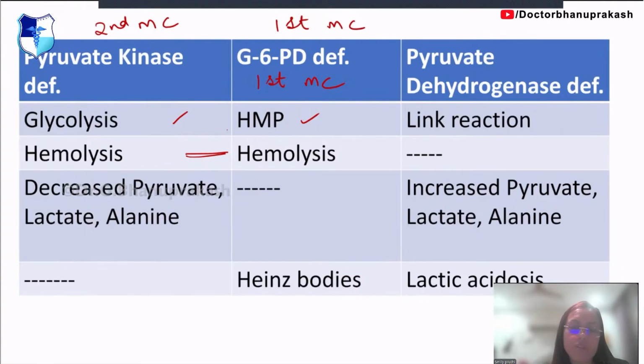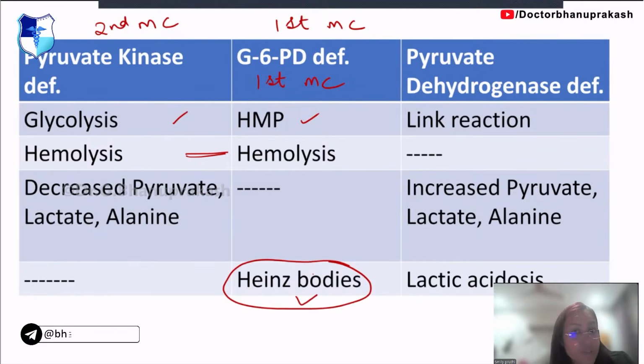So, obviously, a doctor will get confused: what is this, G6PD deficiency or pyruvate kinase? So, go for detection of Heinz bodies. If you find Heinz bodies, it is G6PD deficiency. Pyruvate kinase or G6PD, go for Heinz bodies. Then PDH enzyme, the link reaction enzyme, pyruvate dehydrogenase.